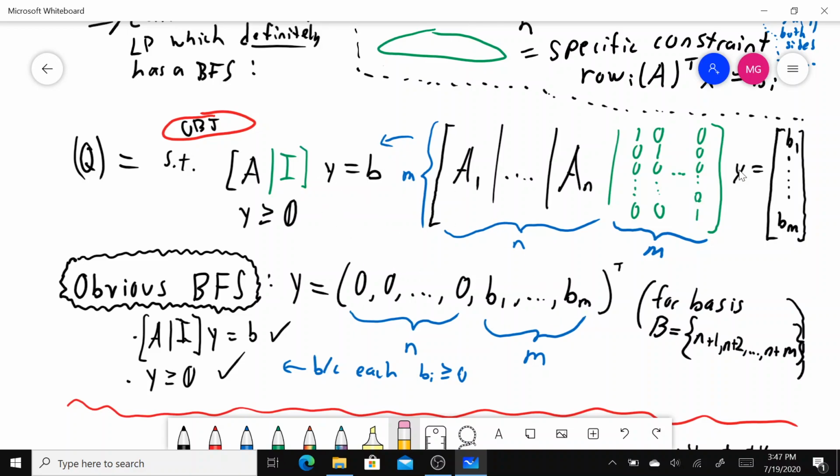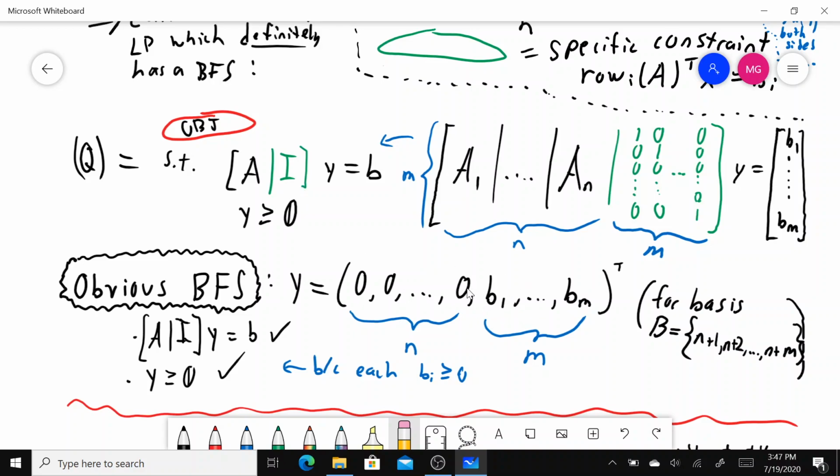And so because this is the identity matrix, the overall thing is of course the vector b. So this works. A appended by the identity matrix times this vector y, of course, gives you the vector b because you have an identity matrix here, so you make this choice.